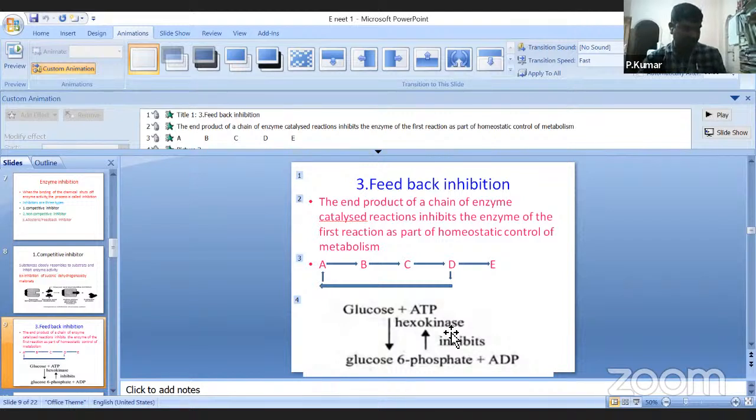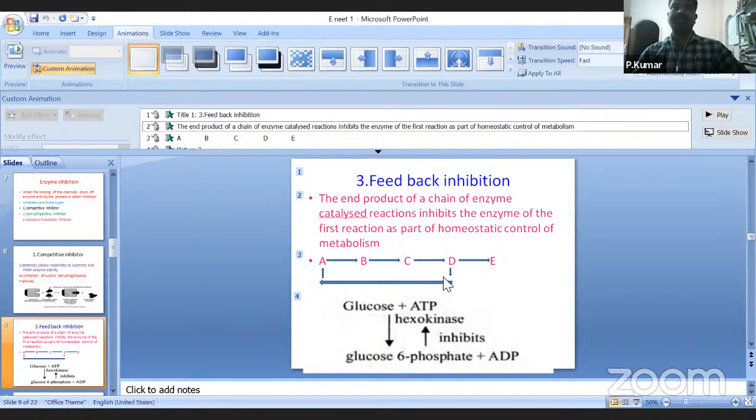Similarly, this process is very different. The end product of a chain of enzyme-catalyzed reactions inhibits the enzyme of the first reaction as part of homeostatic control of the metabolism. The best example is glucose giving rise to glucose 6-phosphate, and this glucose 6-phosphate inhibits the hexokinase enzyme.